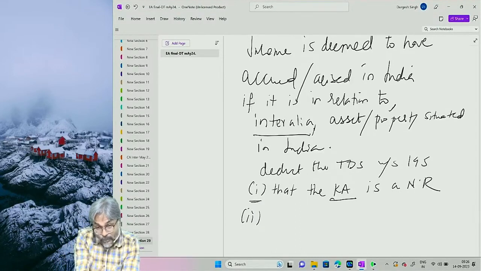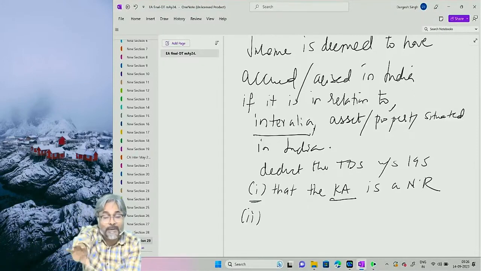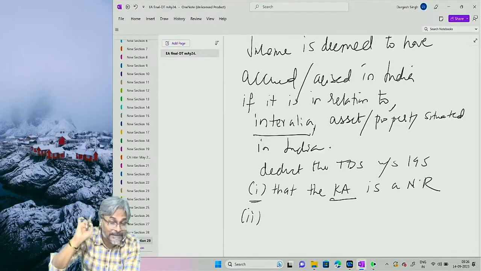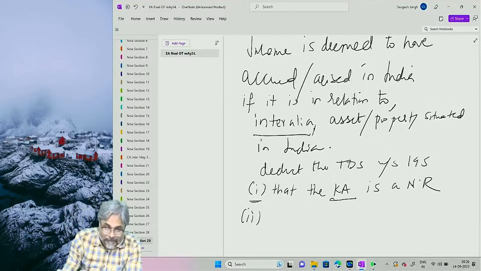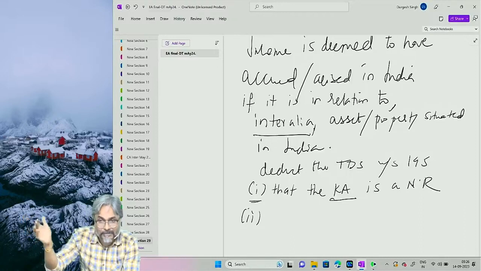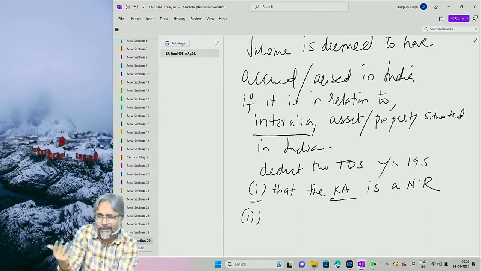As I told you students, up to the November 2023 attempt, you will hear in your ears that the paper is very lengthy. May 24 we will come to know, but primarily the pattern should be the same; they will not change.